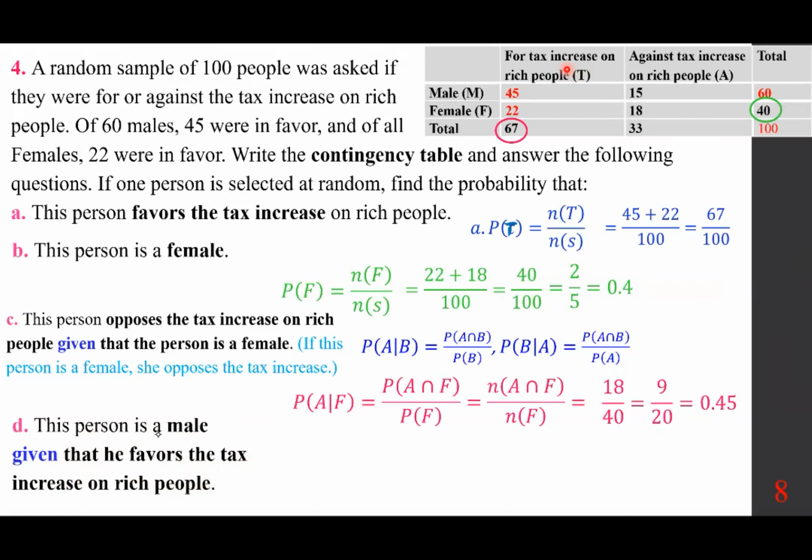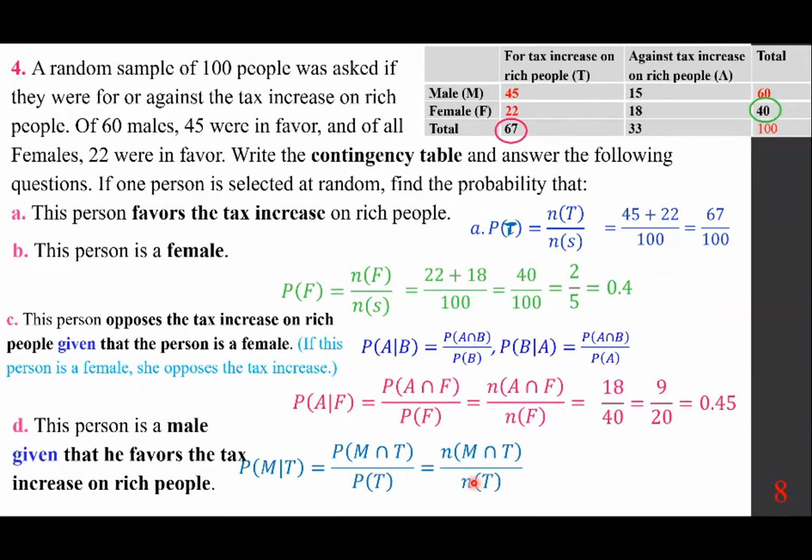Favors, that means T, and before that is M. So probability of M given T. And it becomes, according to this formula, probability of M intersection T over probability of T, and ultimately becomes N of M intersection T over N of T. And I start with the denominator, which means after the given, how many are in favor of the tax increase? That is a total of 67.